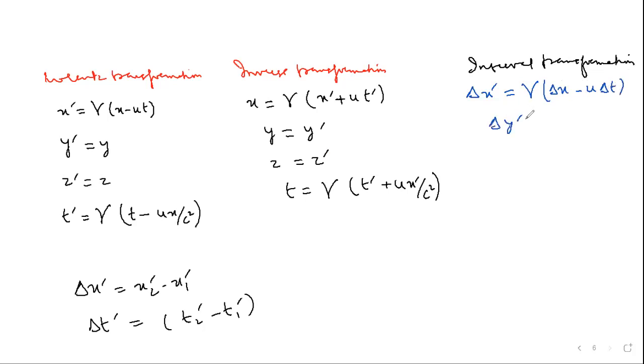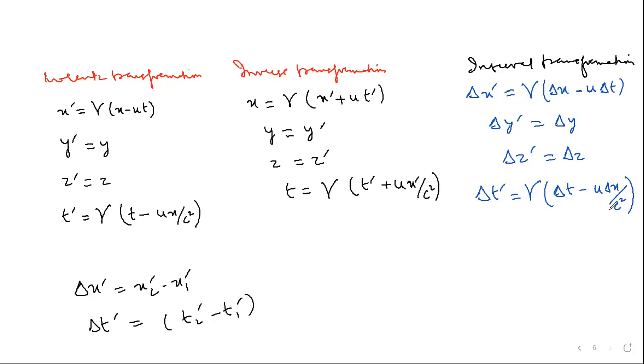Delta y prime is equal to delta y. Delta z prime is equal to delta z. Delta t prime is equal to gamma times delta t minus u delta x by c square.